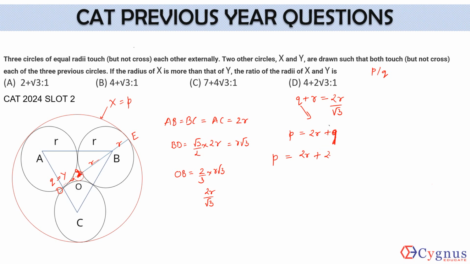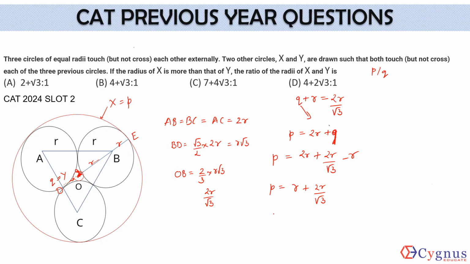This is 2R by root 3 minus R. So what do we get from it? We get P is equal to 2R minus R, which is R plus 2R by root 3. This is the value of P. Fine. Now, what is the value of P? It's R plus 2R by root 3.